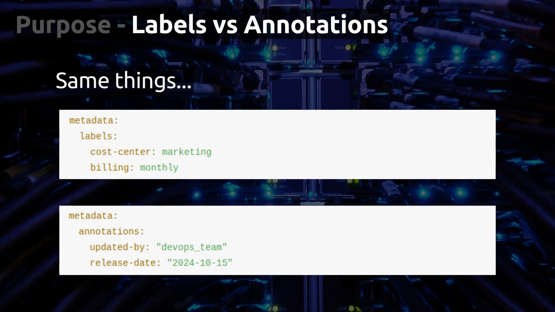You can see here, for example, in labels we set the cost center: marketing, advertising or infrastructure, etc. And the billing mode, here monthly, but we can have daily or yearly, etc. For annotations, it is a little bit the same thing: updated by a specific team or released at a specific date.